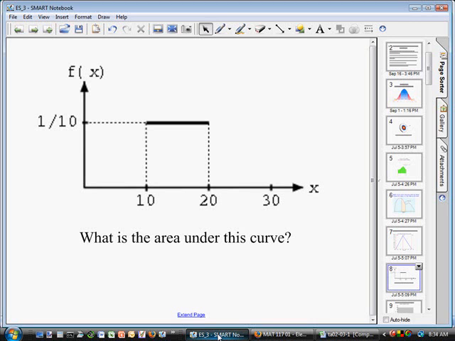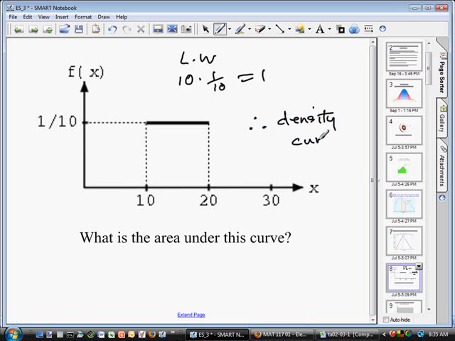So let me just write that on here. So we've got length times width. In this case, it's 10 times 1/10. So therefore, this is a density curve.